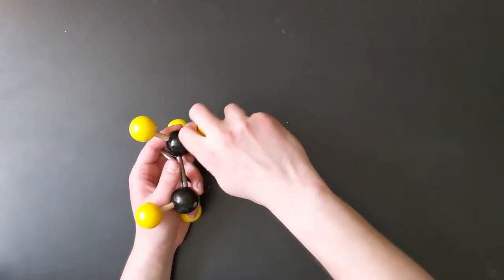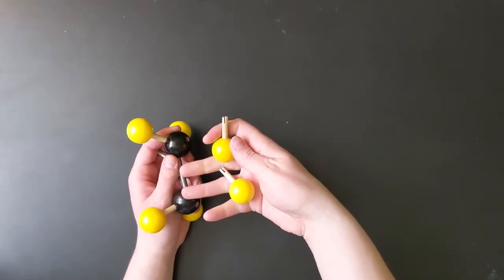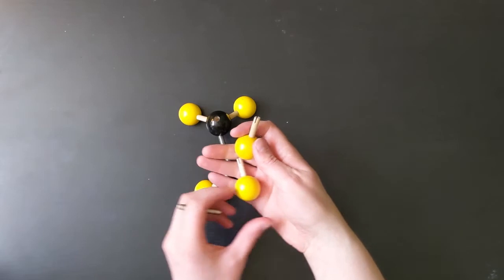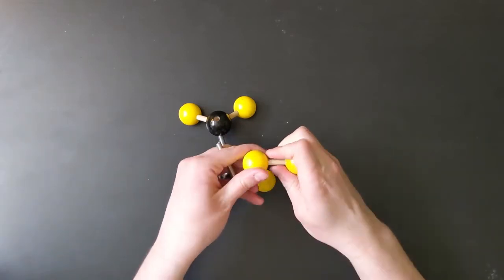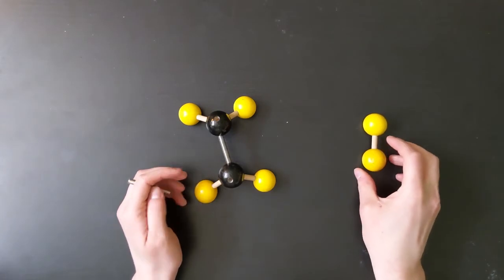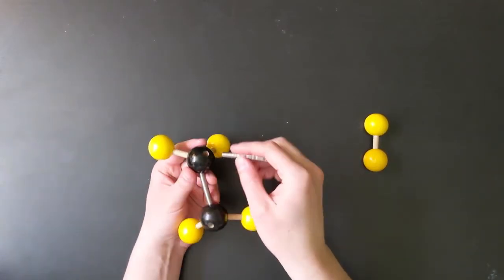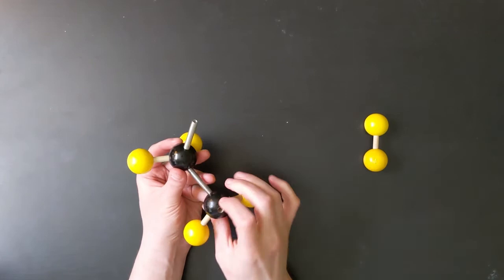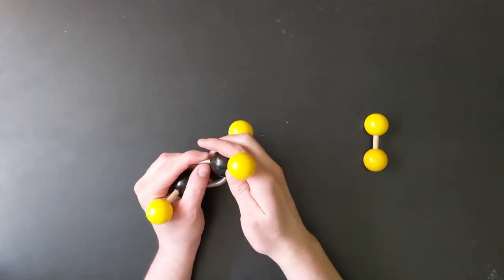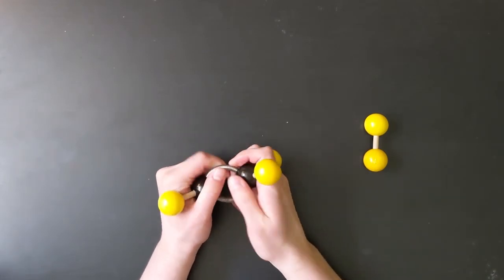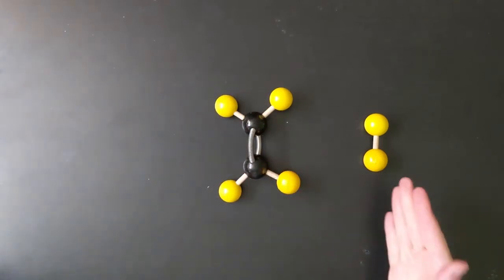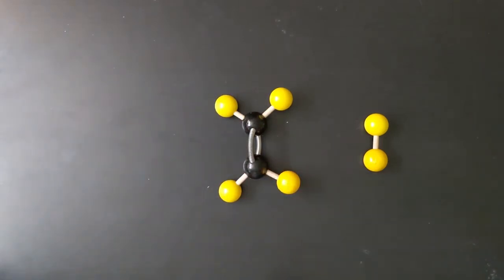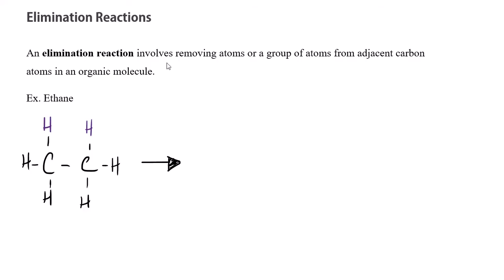As they are removed, these two hydrogens are going to want to form a new bond with each other, which they'll do like so. So that's one of my products. And in the process, there's going to be a double bond formed between these two carbons, which is going to give me ethene, which is unsaturated, as my one product, and in this case, hydrogen as my second product.